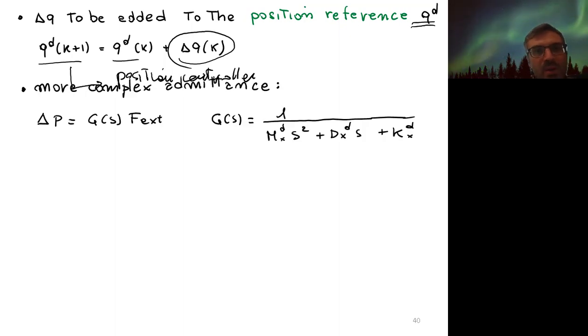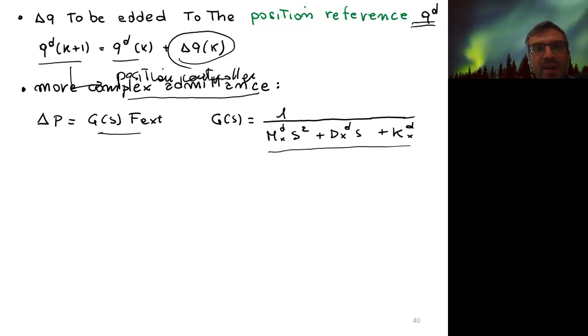Note that you can implement more complex admittances. In this case, we are using the Laplace transform because it's a linear system, and in addition to the compliance, we can have also, as in the case of the impedance controller, the desired damping and the inertia, the apparent inertia.